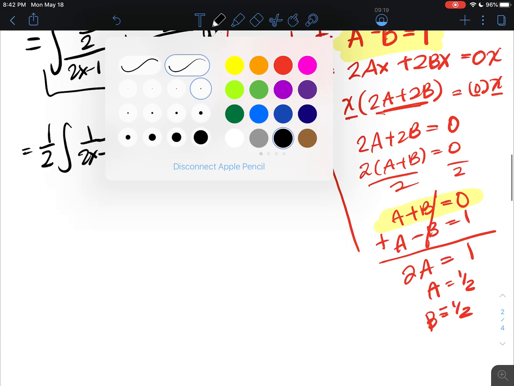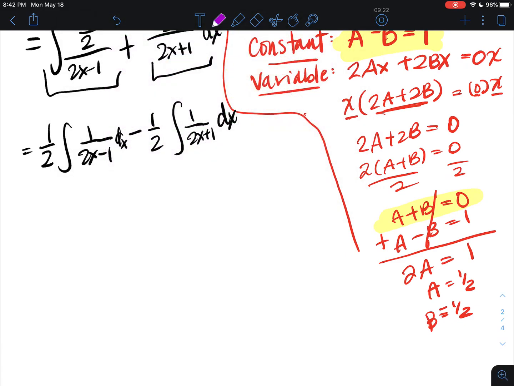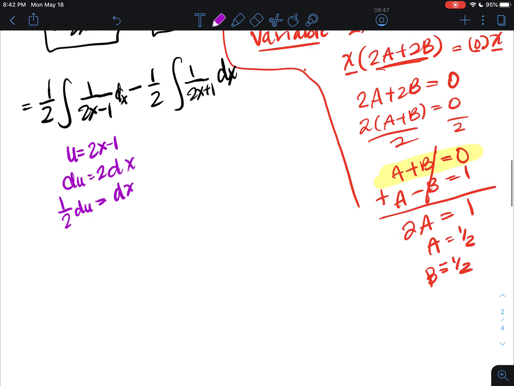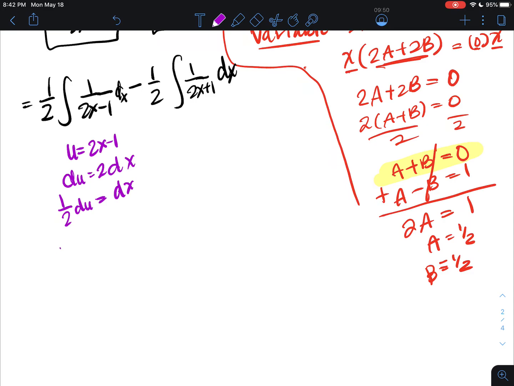Okay, now I'm going to do the substitution method. So u is going to equal 2x minus 1. So du is going to equal 2 dx, sorry, not 2x. I don't have a 2, so this is going to become 1/2 du equals dx. I made another mistake. Okay, so then this integration would be 1/4 of ln of u, which is 2x minus 1.